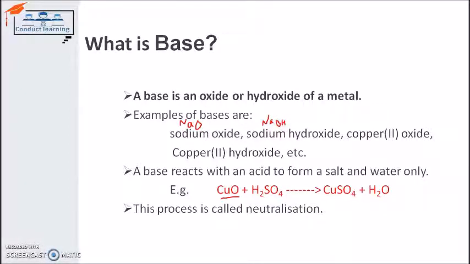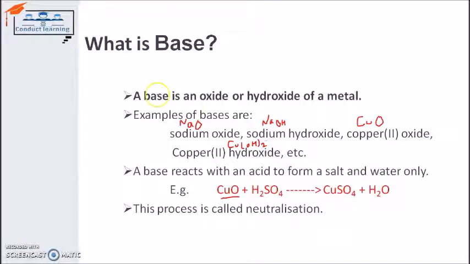When they both combine, it becomes a base. Another example of a base is copper oxide, CuO, which we have mentioned in this equation also. In the same way, copper hydroxide: when copper is combined with the hydroxide ion, OH negative ion, it becomes a base.